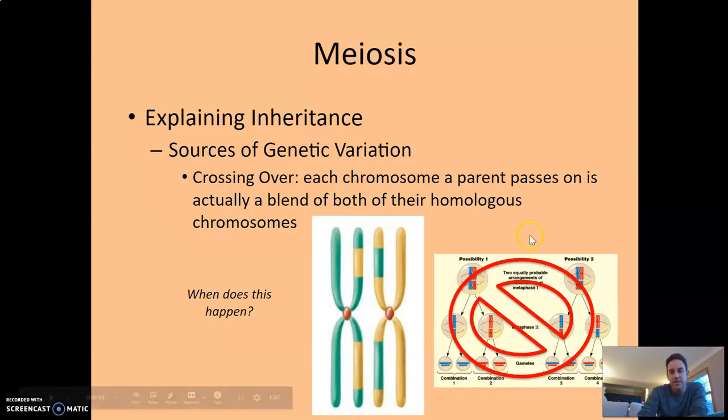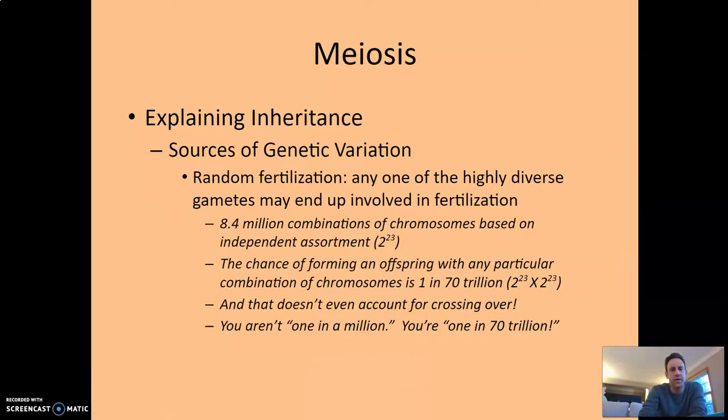And again, crossing over doesn't really show in these pictures that we see, but it's absolutely there. So really all of these chromosomes should be this blended mix of red and blue. But that's just too complicated to show on these figures, so they don't show you that. But crossing over creates tons of genetic variation. And when does that happen? Prophase 1.